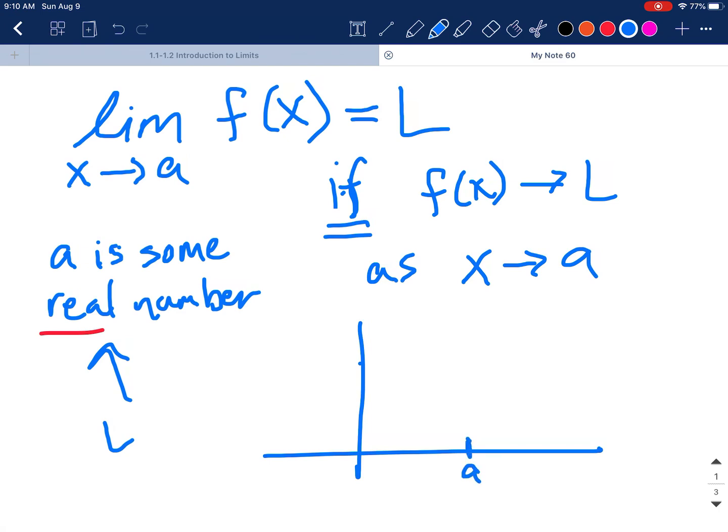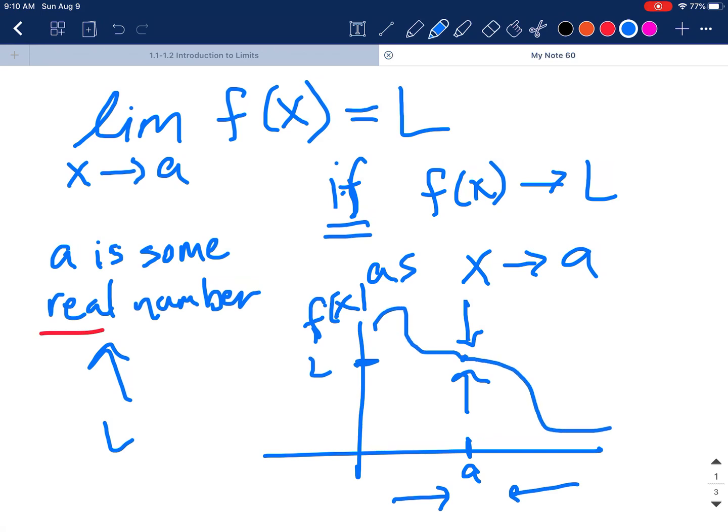If this is a, as I'm getting closer to a from either side, so from the left and from the right, what we're saying is that the function itself, say L is here, is going to be approaching L as well, right? Whatever our function looks like. It doesn't matter what our function looks like. As we approach along the x-axis closer to a, we approach along the y-axis closer to L.